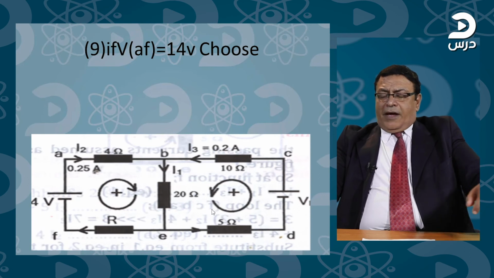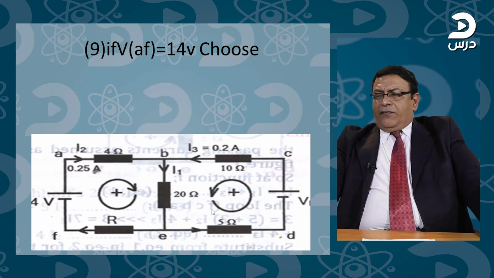Question number 9. It says: the V between A and F is 14 volt. Choose.